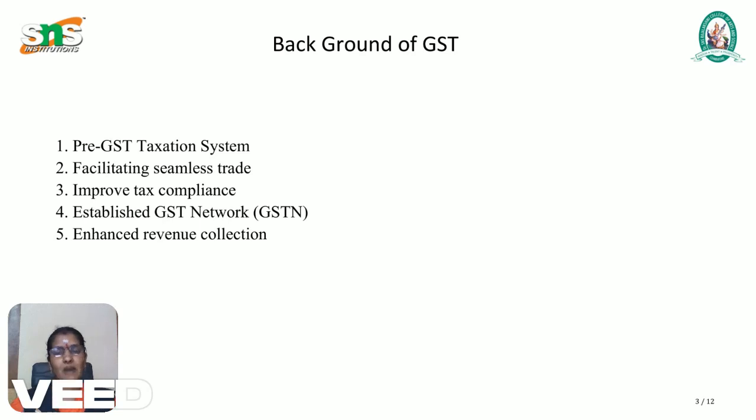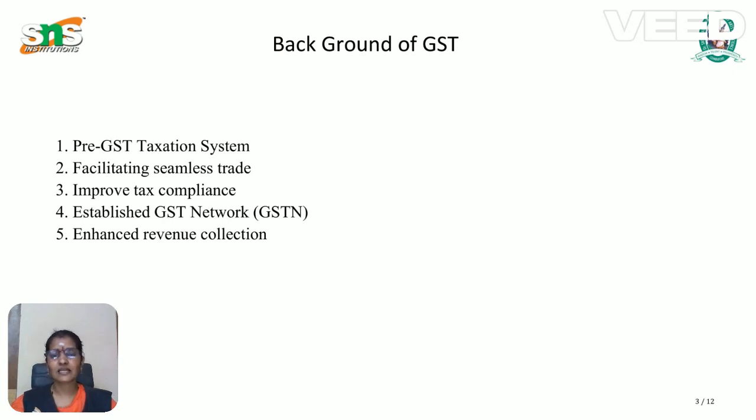Next, GST background. What is the main important background prevalent in India is the pre-GST taxation system. The pre-GST taxation system is nothing but traditionally we were using some indirect tax concepts. That is, different types of indirect taxes we pay on goods and services, for example excise duty, state tax, sales tax, and service tax.